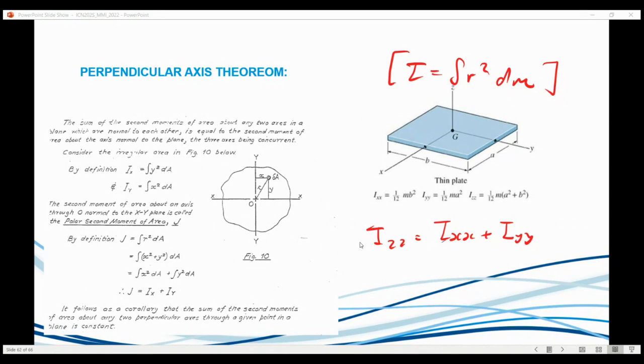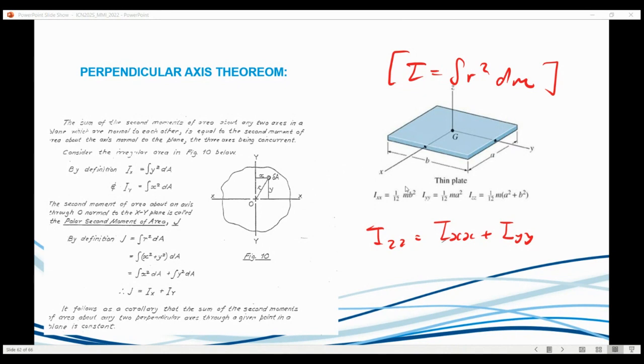And essentially, the perpendicular axis theorem is that if you have your x and you have your y, and you basically want to find it about an axis perpendicular to those. So if you're looking at this figure over here, you can see we have Ixx, which is basically your 1/12 m b squared.